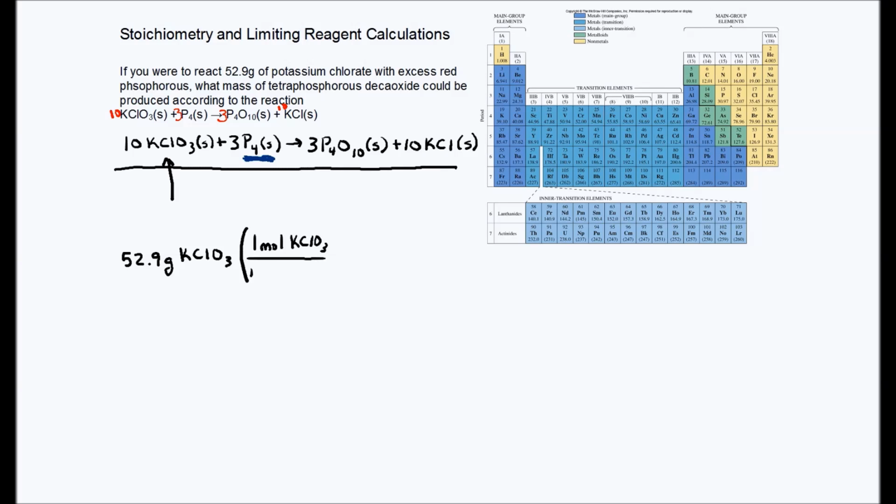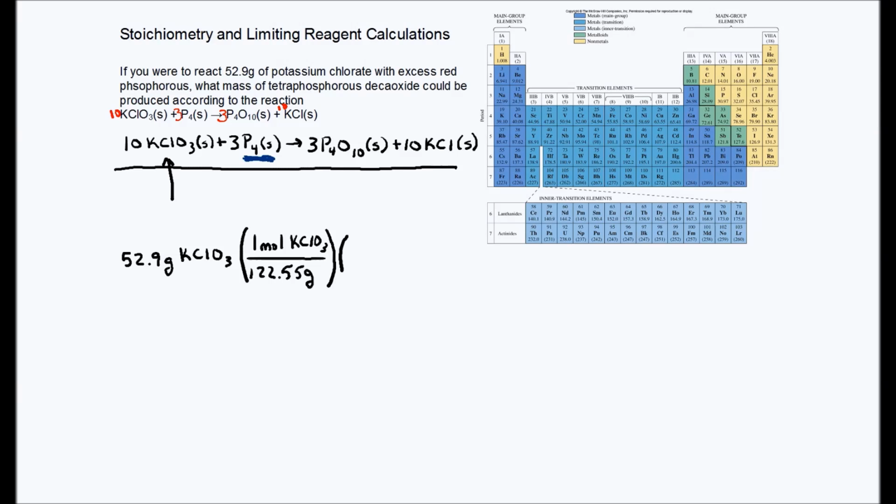So from the periodic table, potassium 39.10 plus chlorine 35.45 plus 3 oxygens, 3 times 16 gives me 122.55 grams. So that's converting from grams of KClO3 to moles of KClO3.